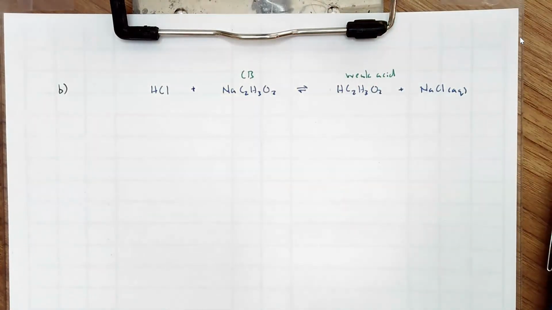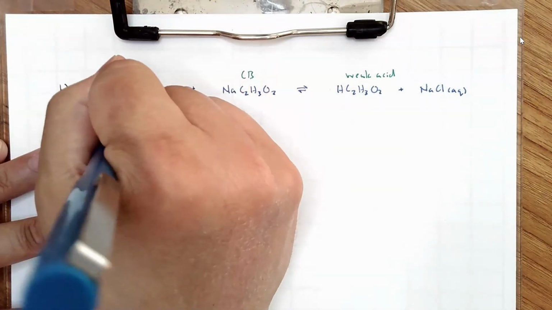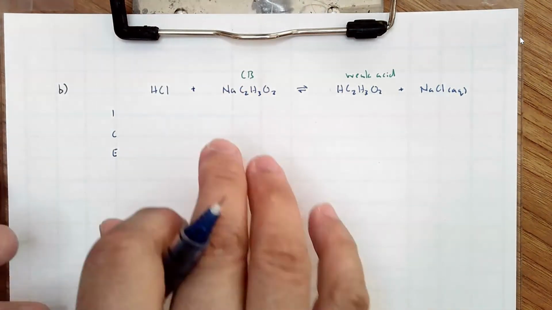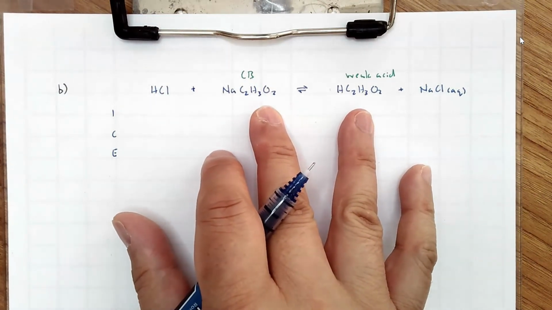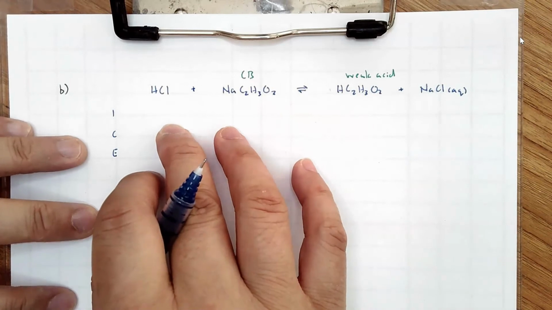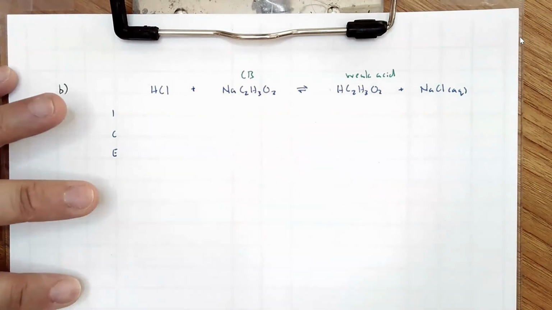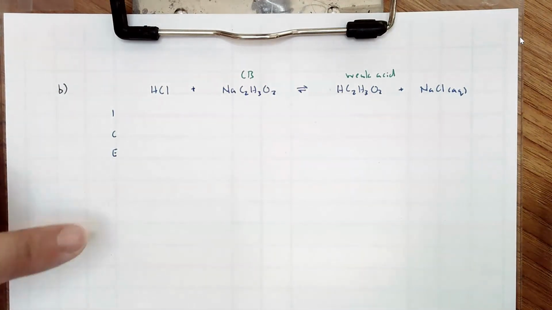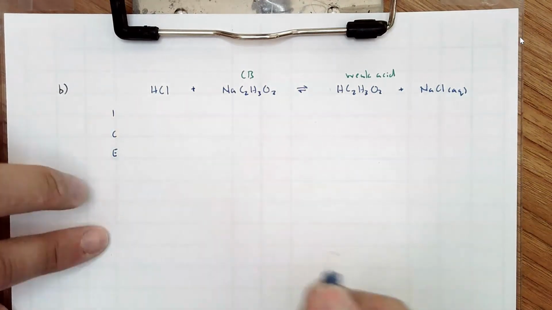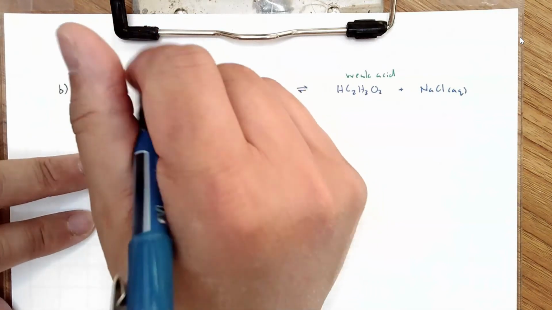Now, we're going to do an ICE table, because these concentrations are going to change from their original 1 molar when we add the acid, and then we're going to figure out the pH from the Henderson-Hasselbalch.